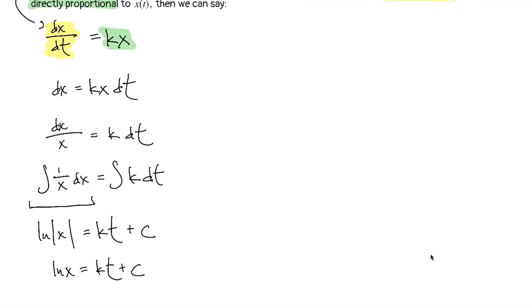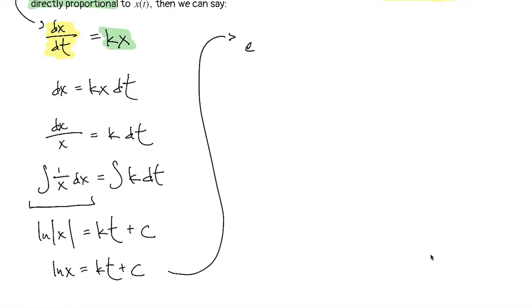Now this hopefully looks kind of familiar from what we saw in the very beginning of 19.1, where I said, hey, this is an implicit solution, but I'd like us to find the explicit solution. Now, how did I find the explicit solution when we had this previously? You did e to the ln x? Yeah, exactly. So that's the same technique we're going to do here.